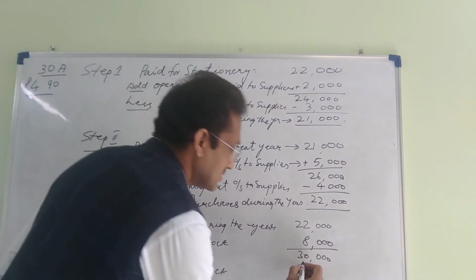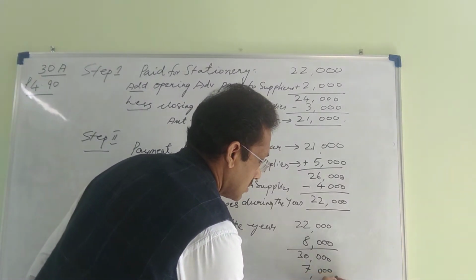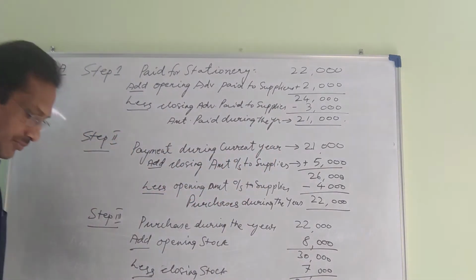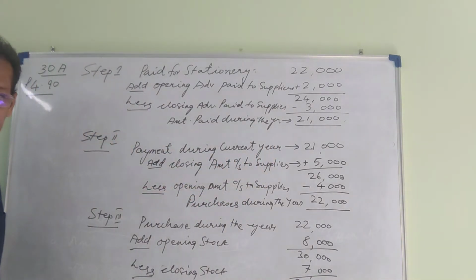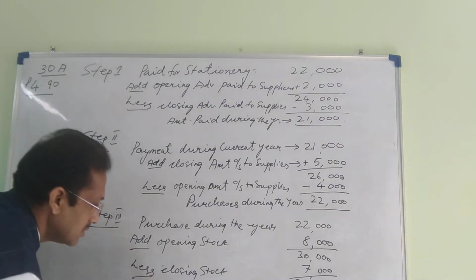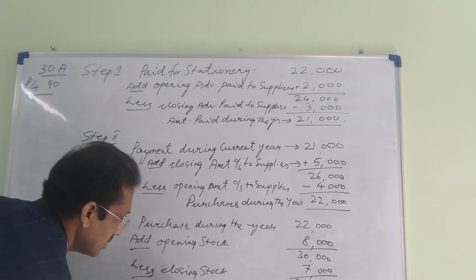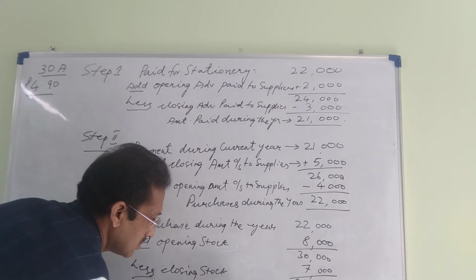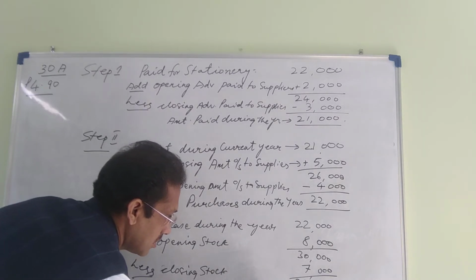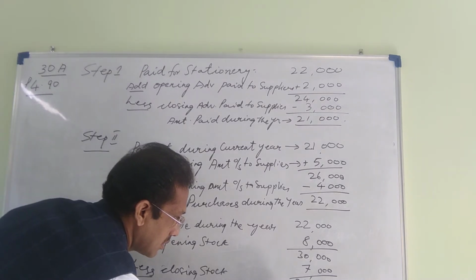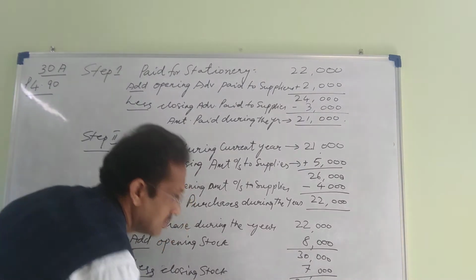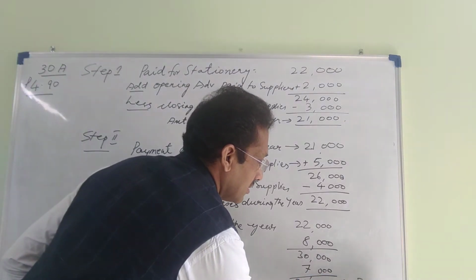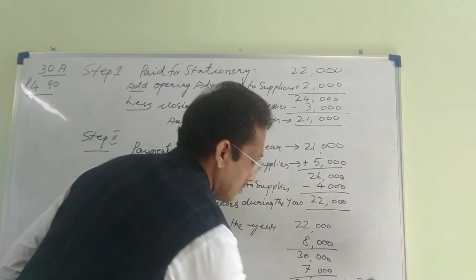Closing stock is 7,000. So this 23,000 will appear on the debit side. Stationery consumed during the year. This we will show on the debit side of the income and expenditure account.